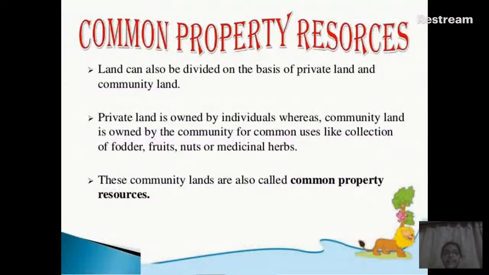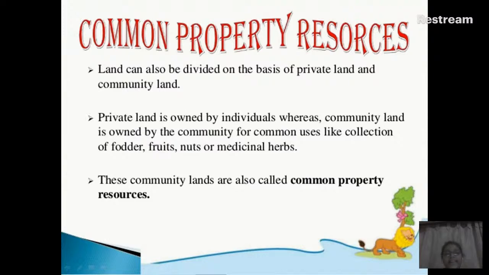Next, the common property resources. Now what does this mean? As you can see, land can also be classified on the basis of ownership as private land and community land.